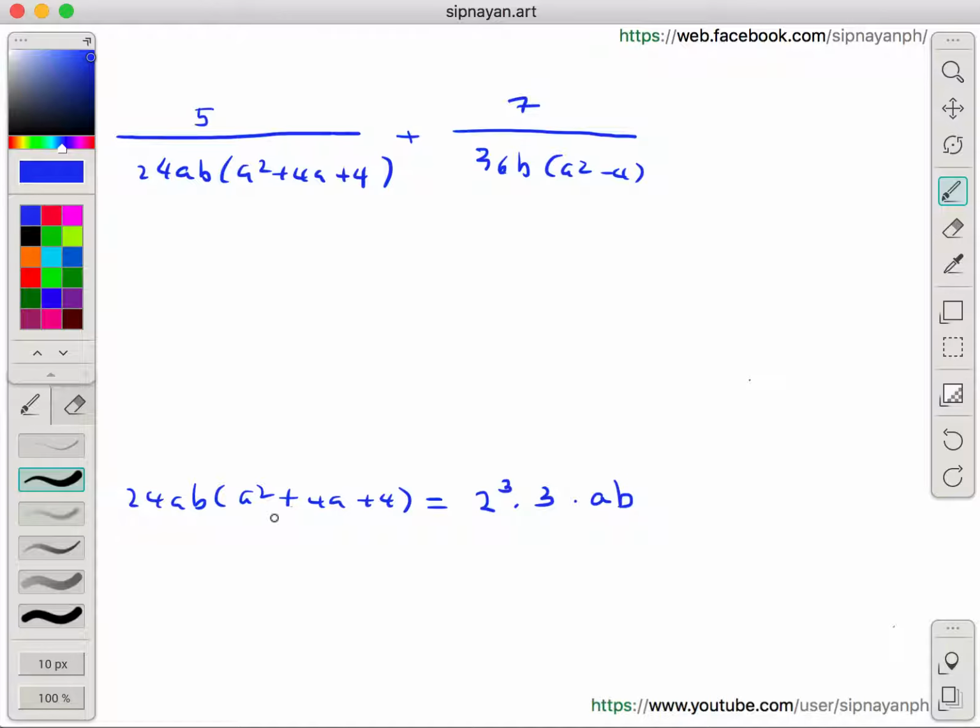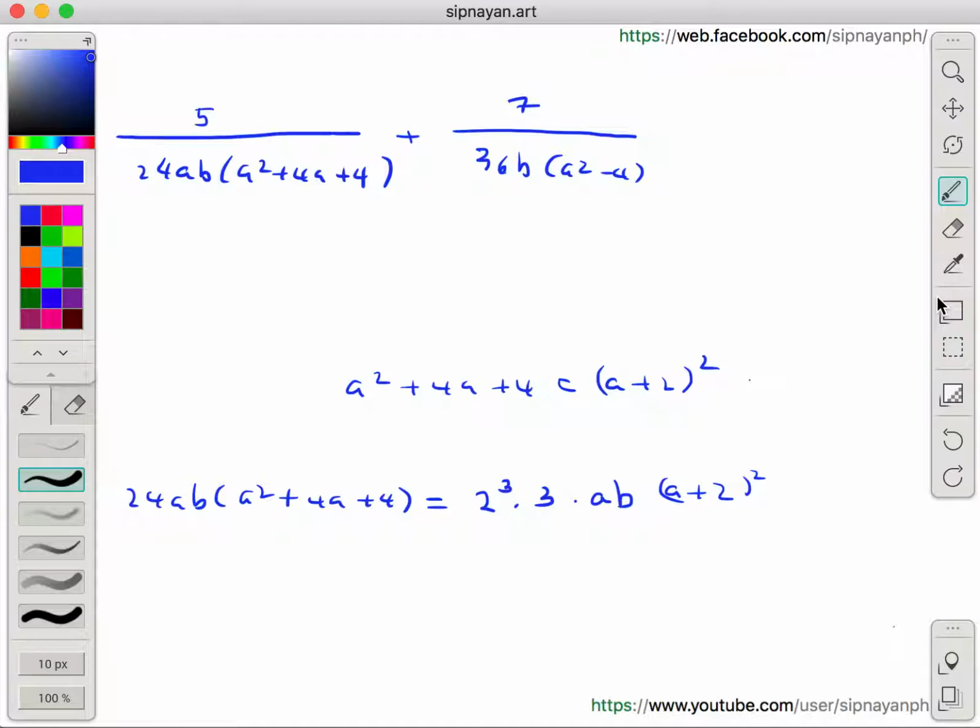And yung a squared plus 4a plus 4 is equal to a plus 2 times a plus 2. Or, in exponent notation ay a plus 2 quantity squared. So, exponent notation lahat. Nakakatipid tayo ng space sa exponent notation at the same time, madali later mag-choose ng least common multiple.